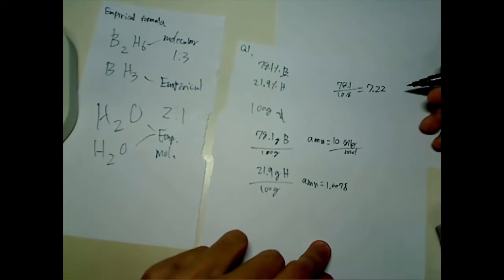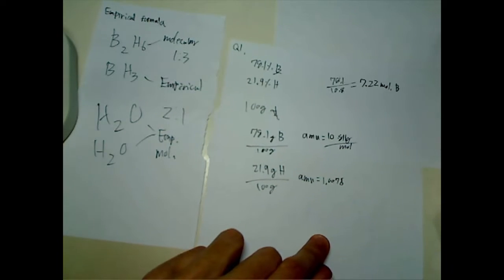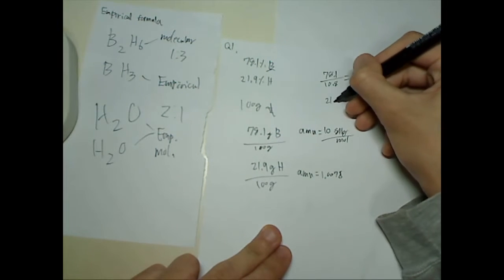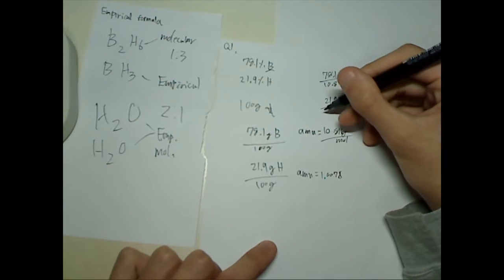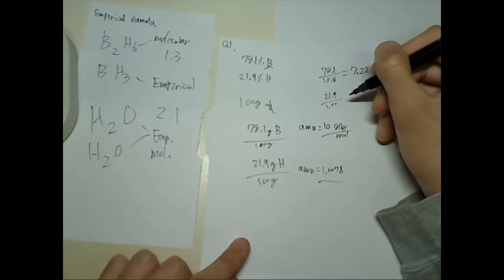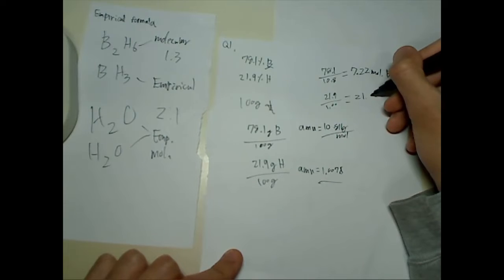So this just means we have 7.22 moles of boron. Pretty simple, right? If we do the exact same process for hydrogen, then we'll get a pretty similar thing. Hydrogen, 21.9 grams divided by 1.000 something. You get about 21, right? 21.7 to be exact.